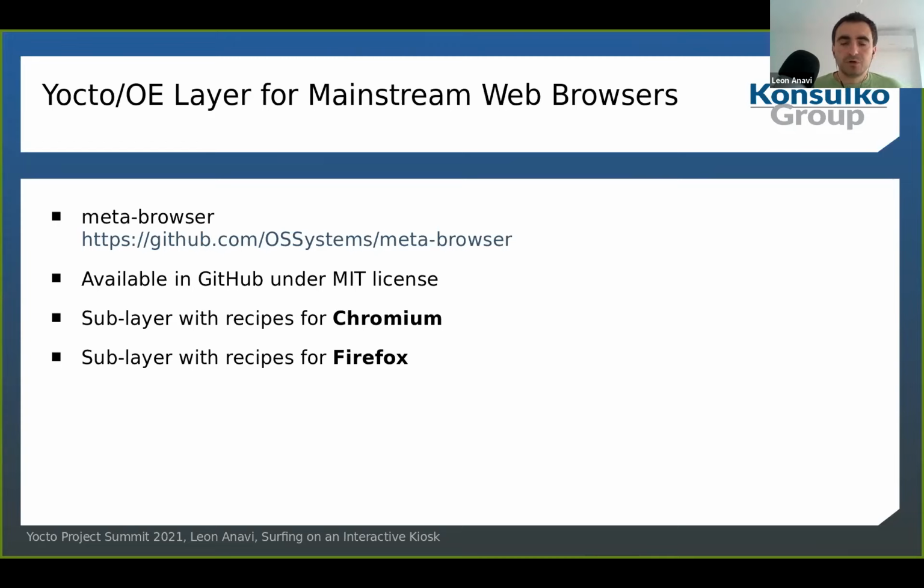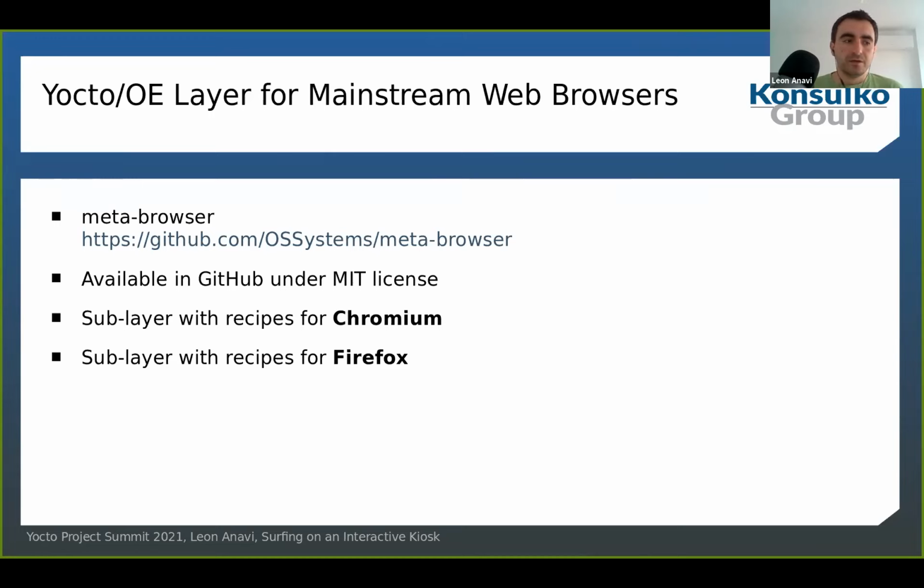Sometimes using a browser like Chromium or Firefox brings a lot of features that you don't necessarily need for a specific use case. And if you just need to make a small kiosk, these types of web browsers bring a huge overhead. Also, building a web engine always takes a significant amount of time, no matter what kind of build system you have.